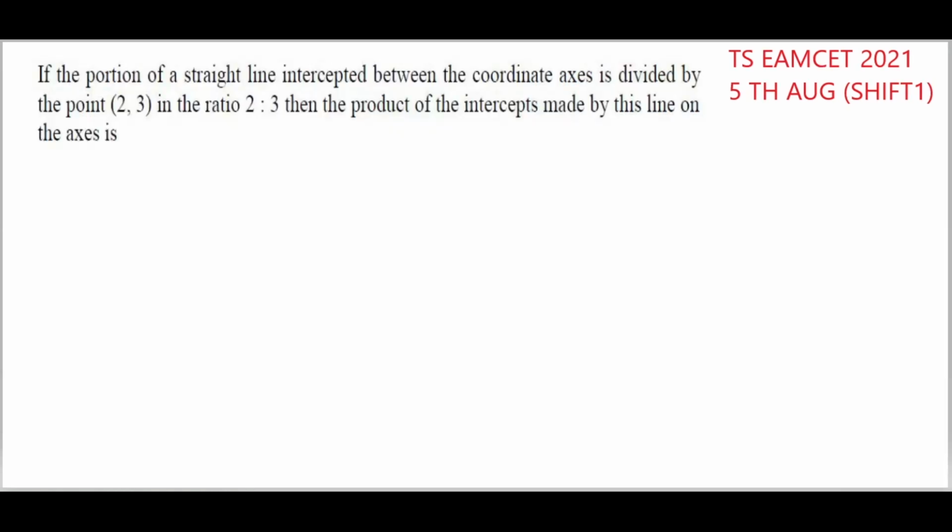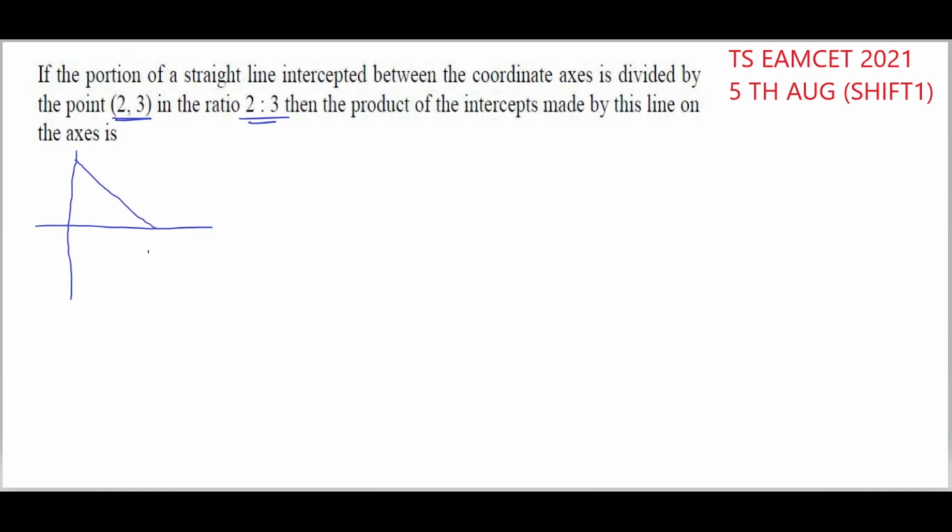If the portion of a straight line intercepted between the coordinate axes is divided by the point (2, 3) in the ratio 2:3, then the product of the intercepts made by the line on the x-axis and y-axis. This is the straight line.